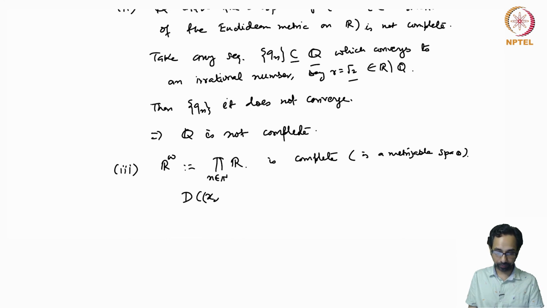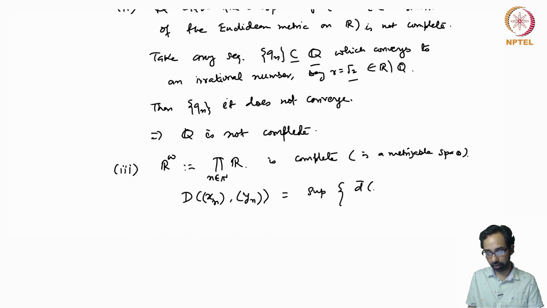simply the distance function or the metric function. Let me write x and y. So D(x, y) is the supremum of d bar of xn, yn over n, and the supremum is taken over all n. So this is complete in this metric, and this is a result in Munkres.